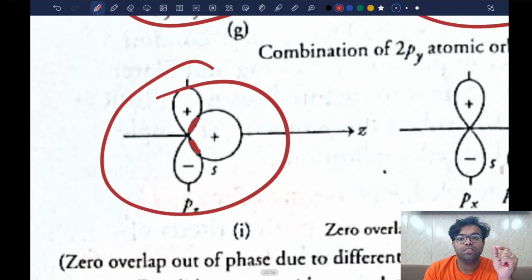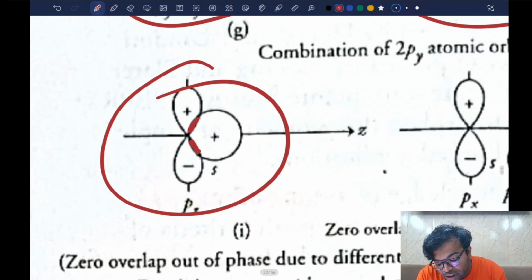Because a p orbital and an s orbital need to have a head-on overlap for the overlap to take place. What have we learned about the electron density of a p orbital? The electron density of a p orbital in the center is almost zero, right? There is a negligible amount of electrons actually present near the center for a p orbital, whereas there is a large amount of electrons present in the s orbital at the center.